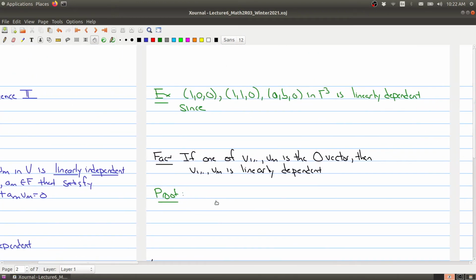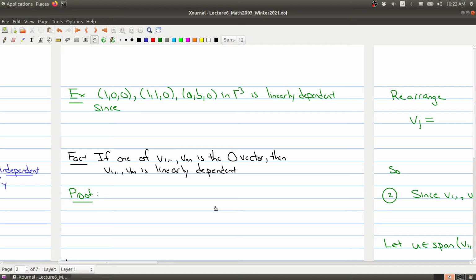Here we have the following example. We have the vectors (1, 0, 0), (1, 1, 0), and (a, b, 0) in F3. And this is linearly dependent. The reason is that if I take 1 times the vector (a, b, 0), and then minus b times the second vector, and b minus a times the first vector, and I crank this all out, what I'll get is the vector (0, 0, 0).